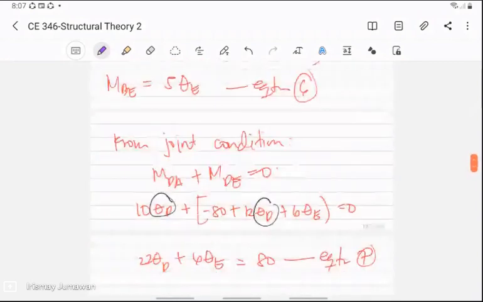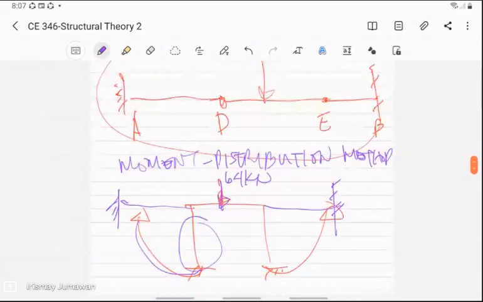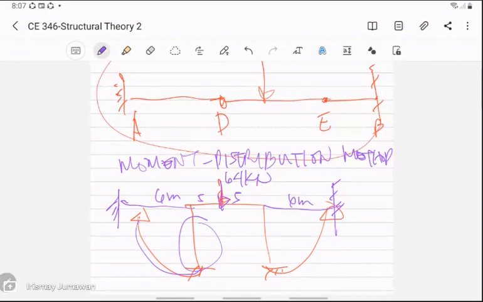So if we reflect here, this is your 6 meters, this is your 5, 5, and this is your 6. Okay, ma'am.